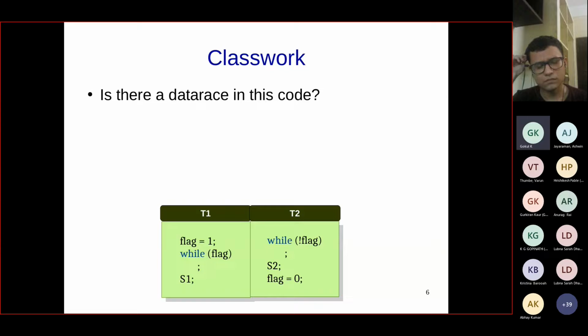And by the time the T1 while loop is over, before that T2 while loop will reach flag equal to 0, and then before flag is again reset to 1, thread 2 will go back into the while loop. So it will keep missing each other, and both of them will happen together.